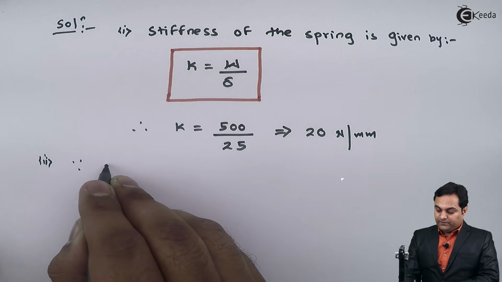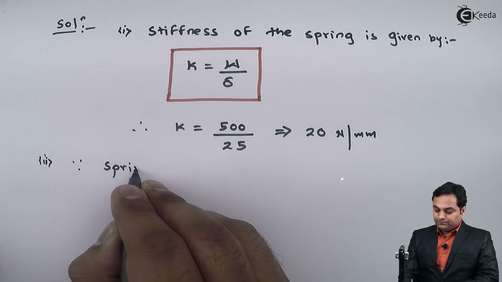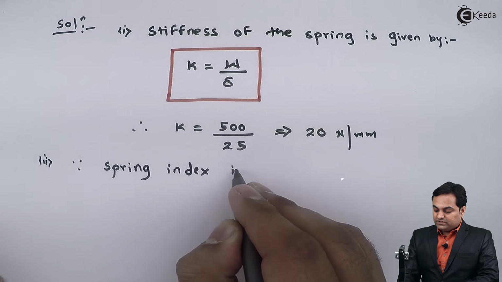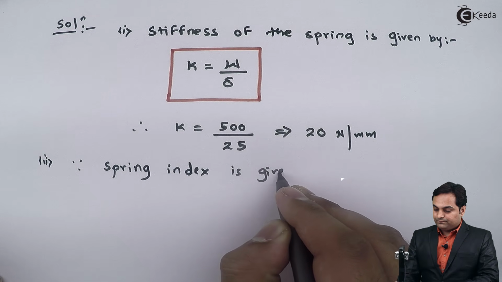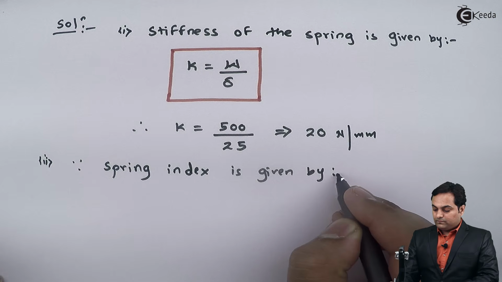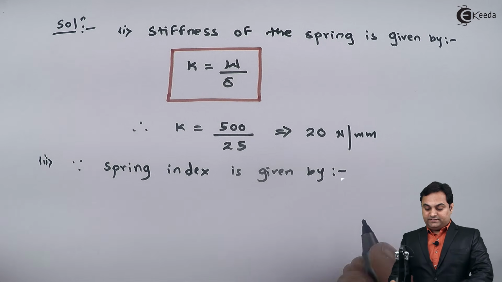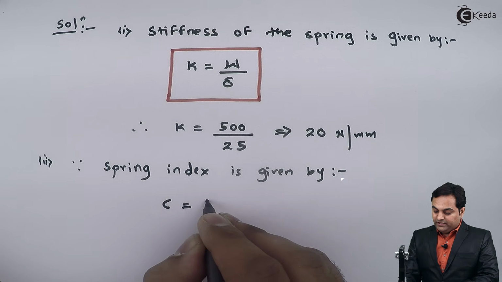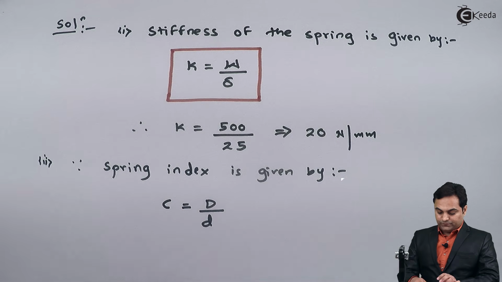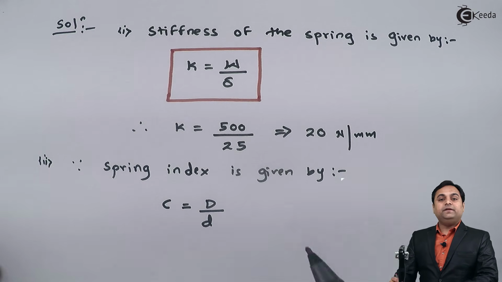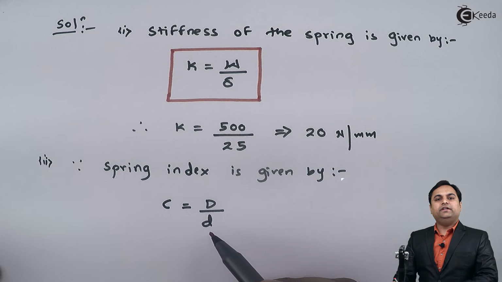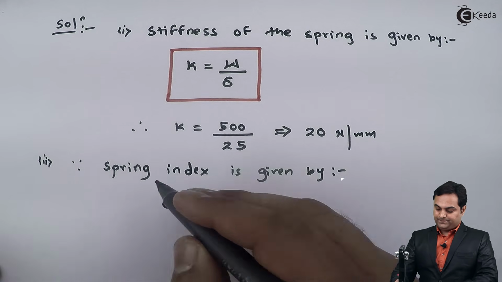since spring index is given by, spring index is capital C, and that is equal to capital D upon small d, where capital D is called the mean coil diameter and small d is called the wire diameter.